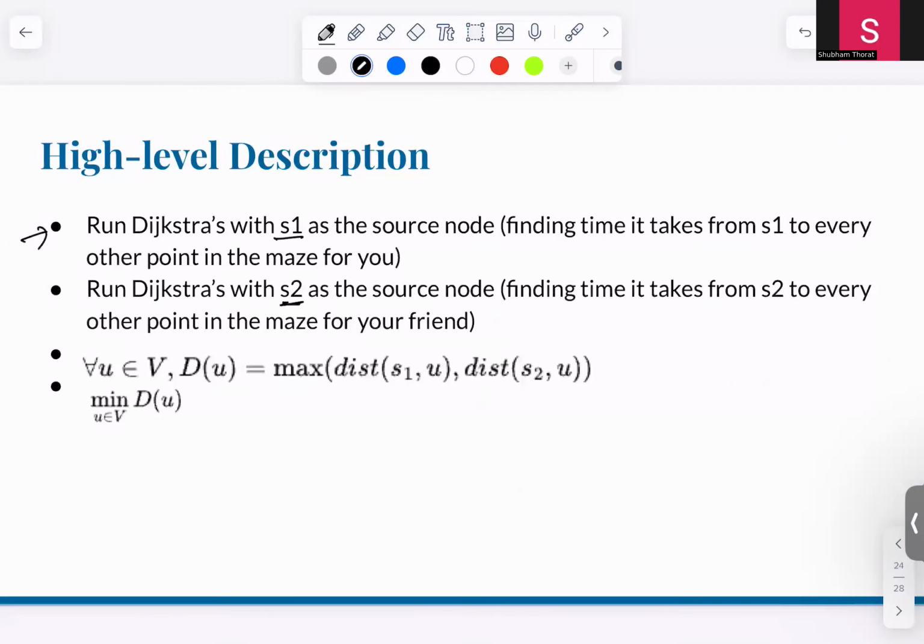Then for every vertex U that belongs to V, we calculate this property du for that vertex, the max of the times it takes for both of you to reach there. Then we simply return the minimum value over all these du's. Does that make sense? So what do you think we need to prove in this case?